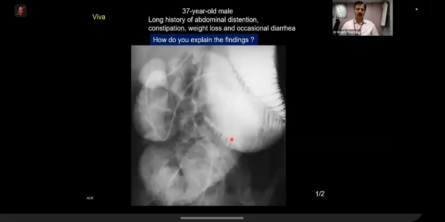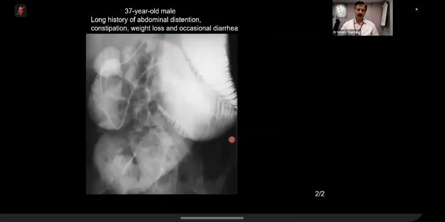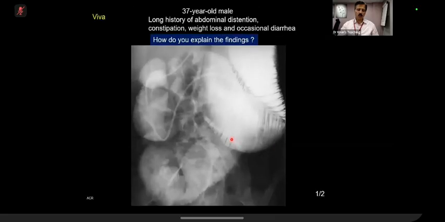First of all, let's go back and see the pathology. You remember that there is muscularis propria in the gut. This muscularis propria, which is the smooth muscle of the gut, is replaced by collagen and fibrosis. This is what is happening in the small bowel.